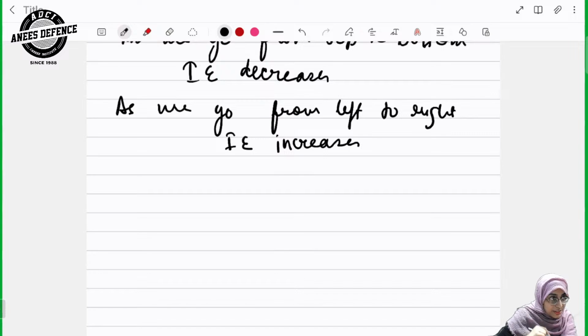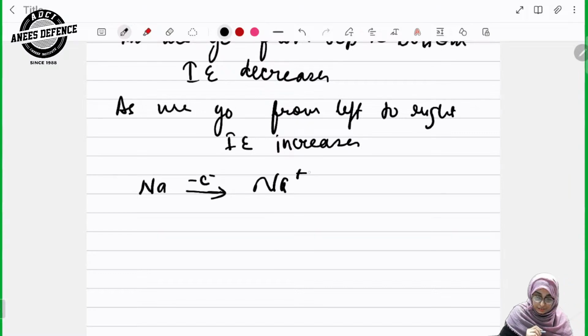They are basic in nature. So group first, group second, group third elements are basic in nature. They create cations, obviously, if they are able to lose electrons. They form positively charged ions, that is cations. For example, sodium can easily lose one electron, and it becomes Na plus. This is the cation.